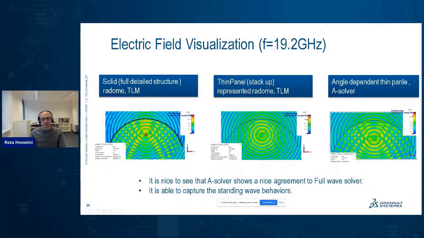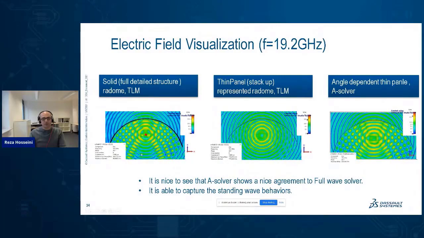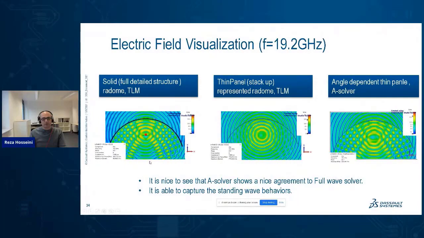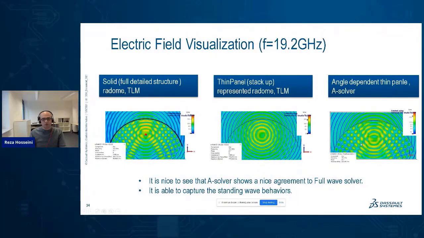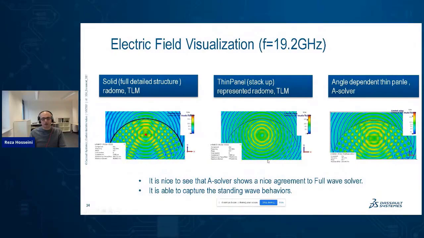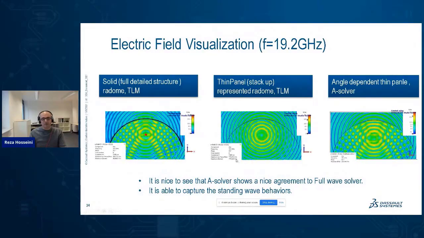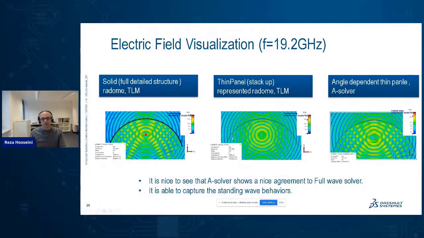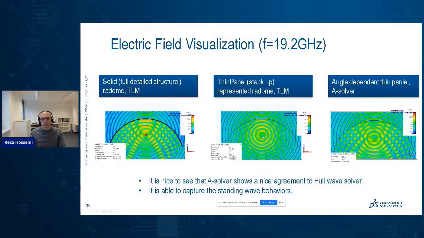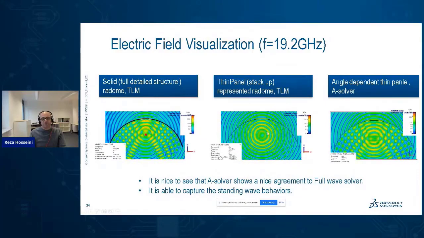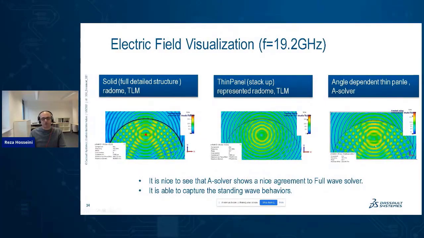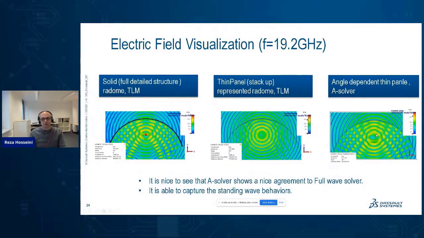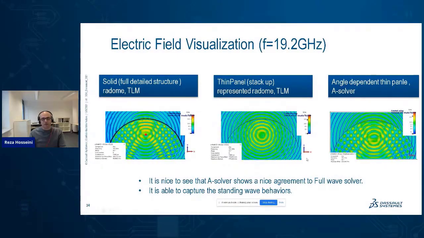The standing wave behavior inside the radome area is more or less the same, while the TLM stack-up sim panel cannot see that. This is a major difference, because the angle of incidence becomes important.